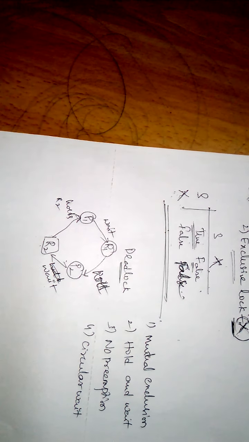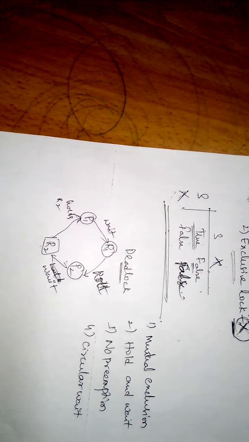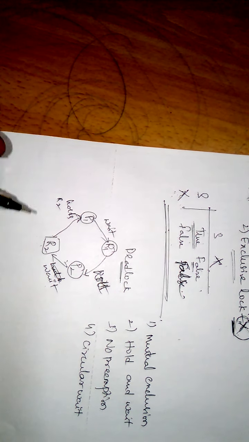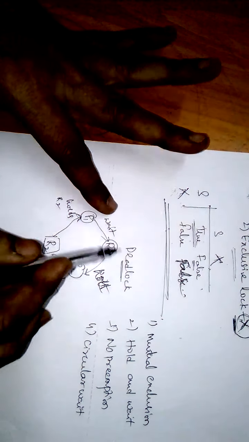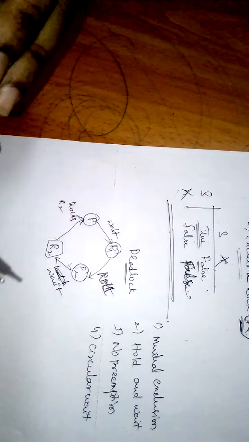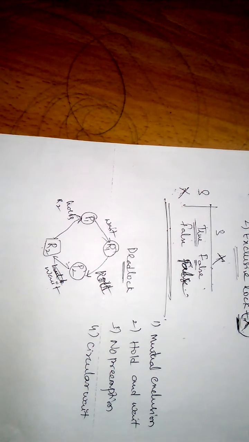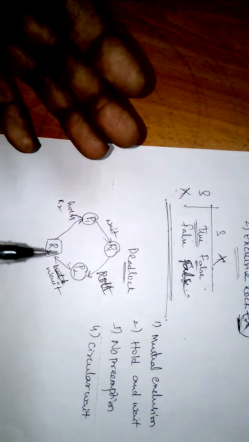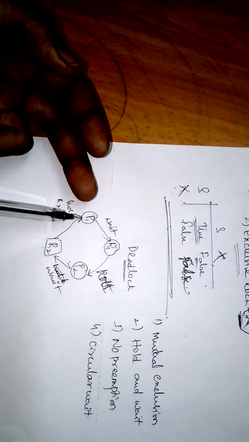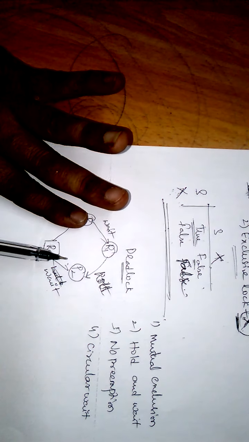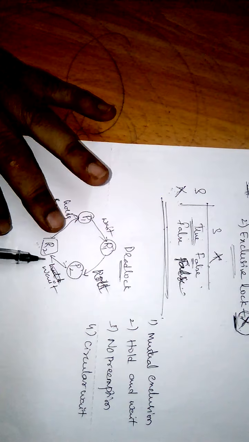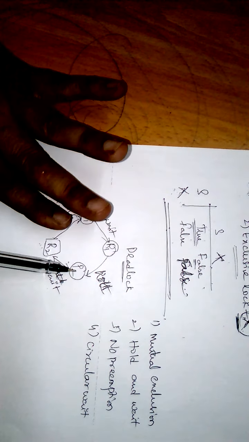So how do we break this deadlock? There should be some solution to break it. We have to abort one or more transactions, that means we have to unlock the transactions. Suppose P1 is one transaction and P2 is another. If we cancel P1, then R2 is free and there is no deadlock.